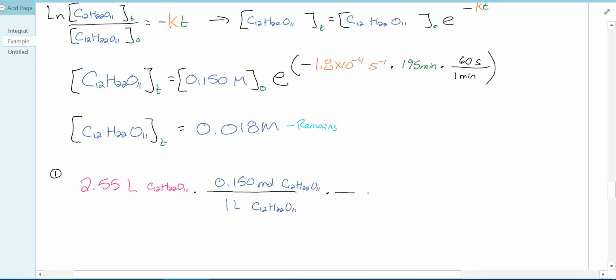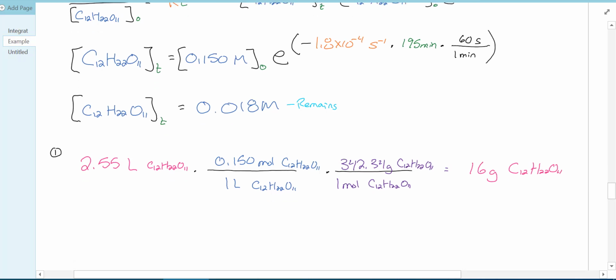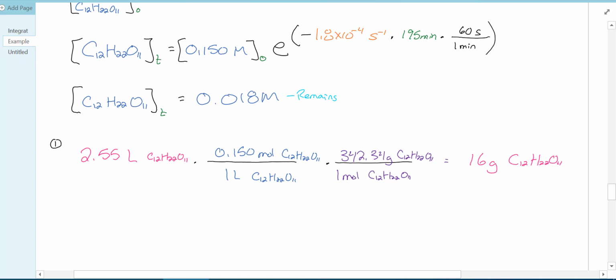And then we know that 1 mole of C12H22O11 happens to weigh 342.34 grams. So that means initially, I had 16 grams of C12H22O11 in that original mixture.